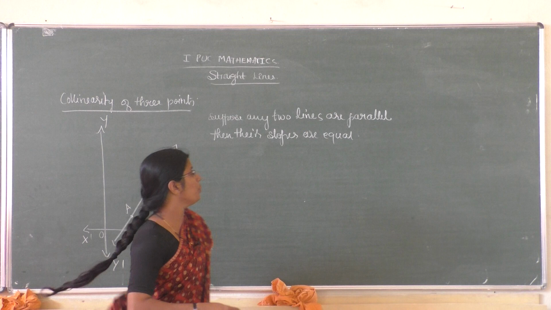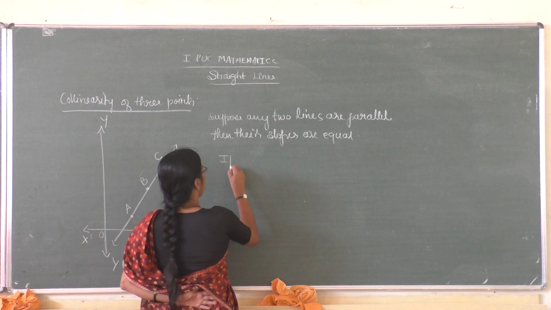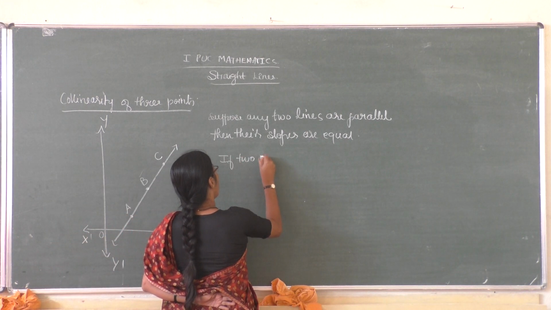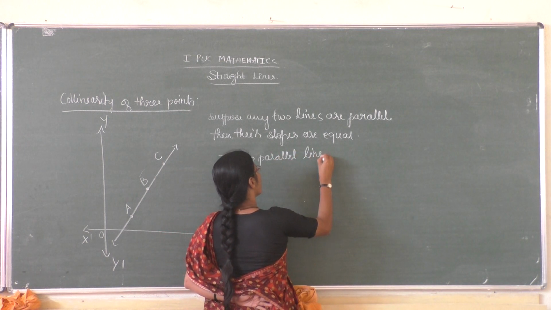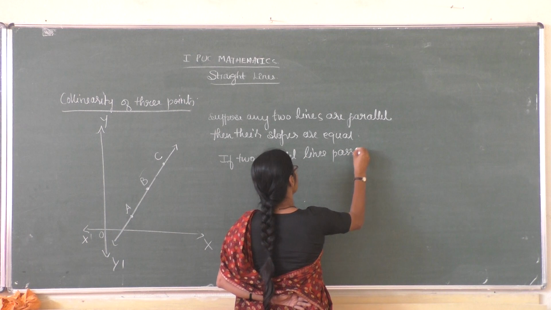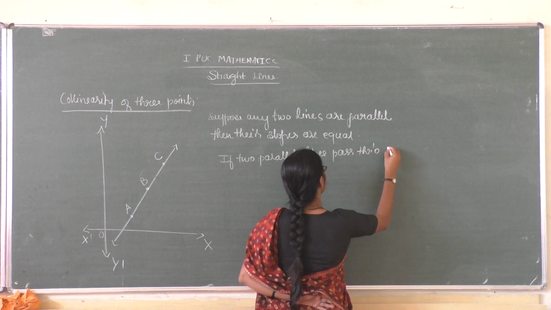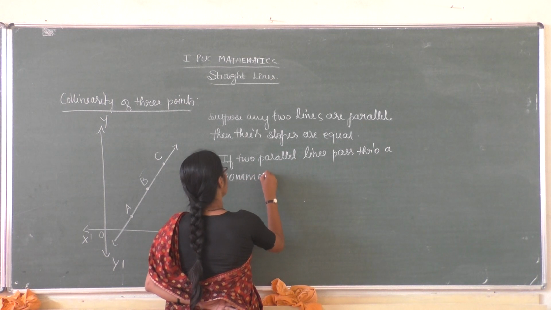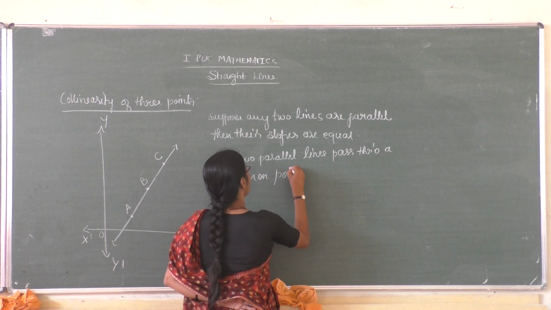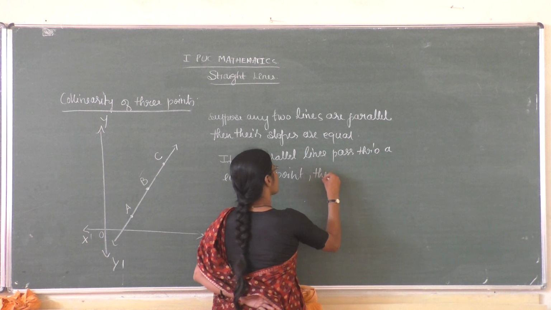If two parallel lines pass through a common point, then they must coincide.